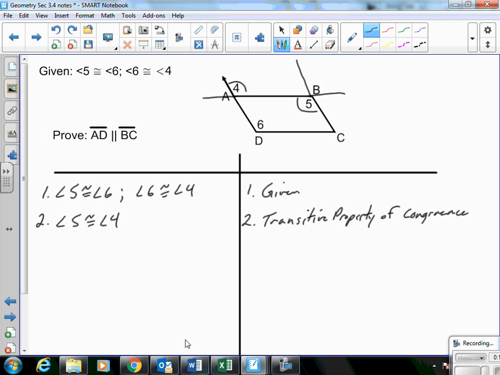So once we've got 5 and 4 congruent, we can jump to that AD is parallel to BC, by the alternate interior angles converse. All right. Questions on that one?